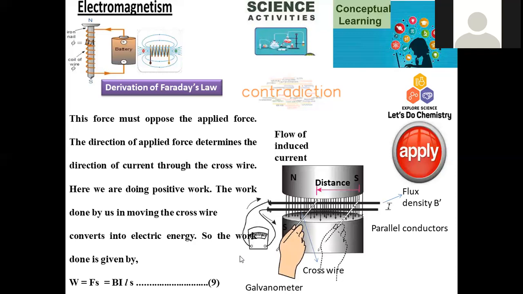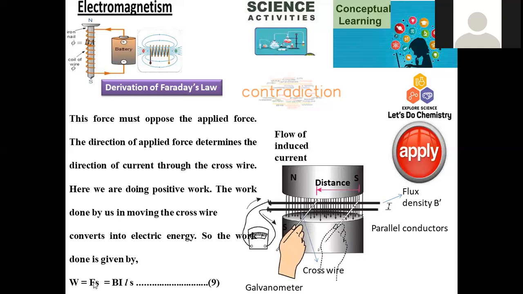The work done by the moving cross wire converts into electrical energy. Lenz's law says that the work operated on the system to overcome the repulsive forces is converted into electrical energy. Here also, the force operated, denoted as work done on the system, is converted into electrical energy.